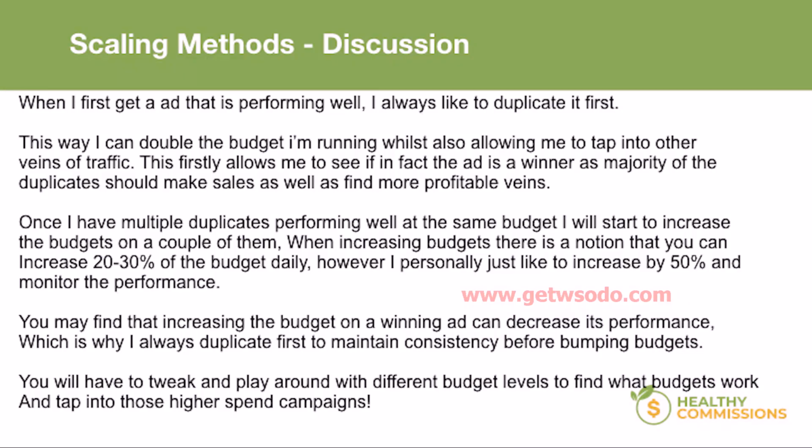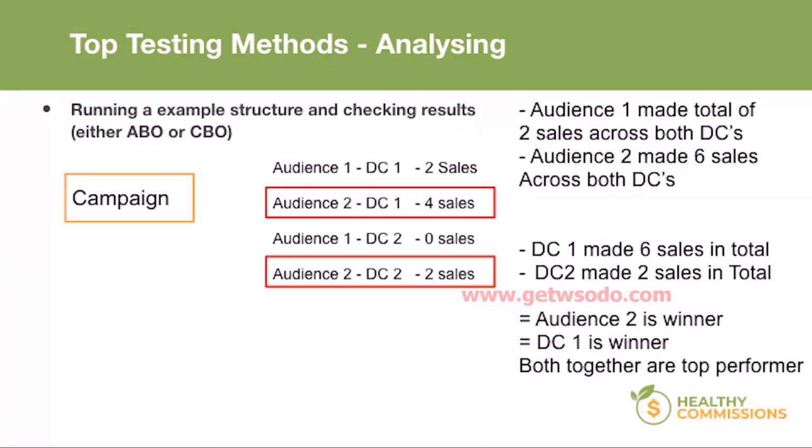The more split tests you do, I know in these examples here we split tested a couple of audiences, a couple of dynamic creatives, but in reality, you might have to launch this campaign times 5, with a total of 5 different dynamic creatives, a total of 5 different audiences, right? Because the more stuff you're testing each day, the more stuff you're throwing out there, the more drills you're putting in the ground, the more chances there are of you finding that winning campaign and tapping into that vein and getting some really profitable campaigns.